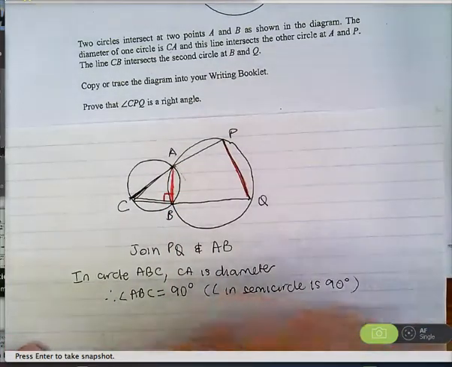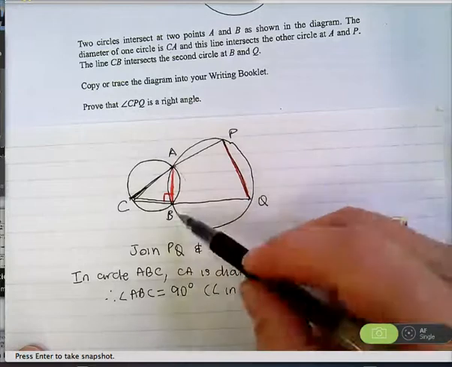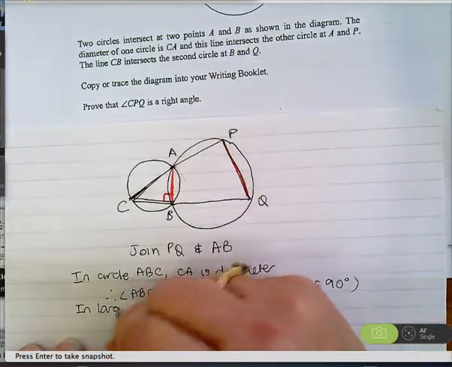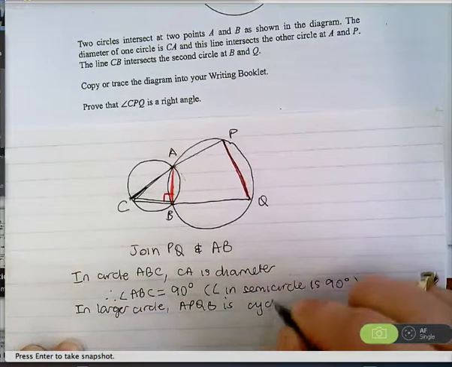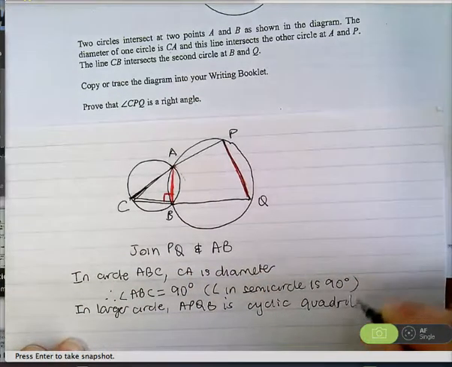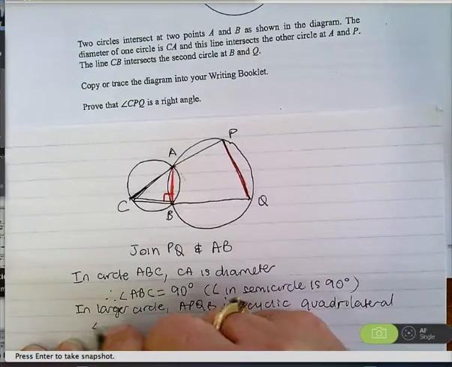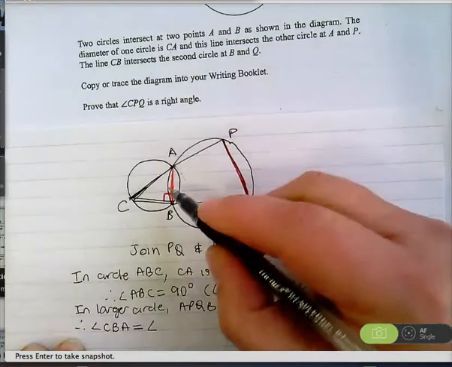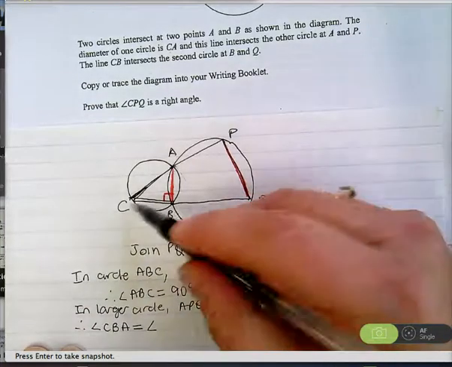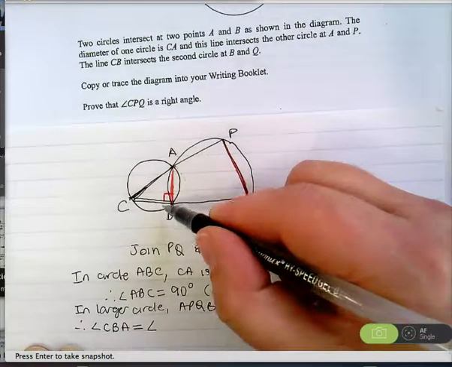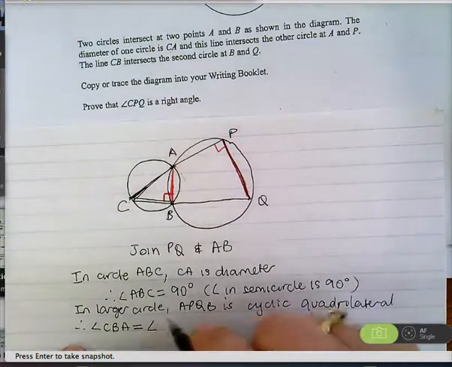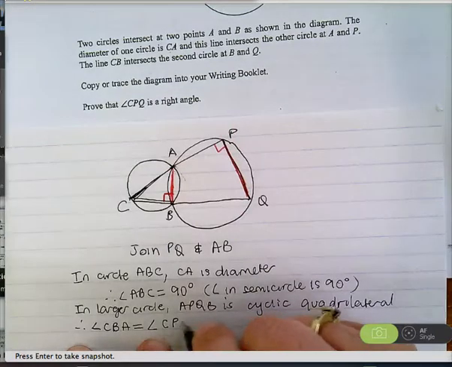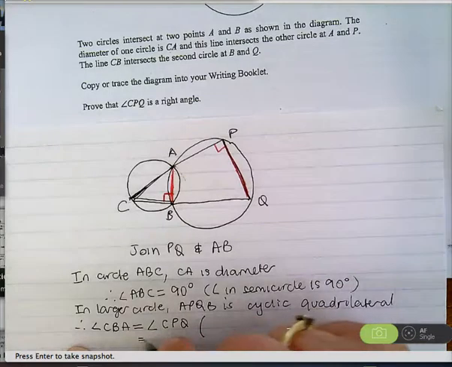Now, in the larger circle, we know that APQB is a cyclic quadrilateral. So angle CBA, remembering that CBQ is a straight line, is equal to angle APQ, or you can call it angle CPQ, which is equal to 90 degrees.